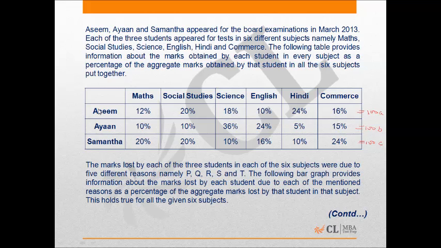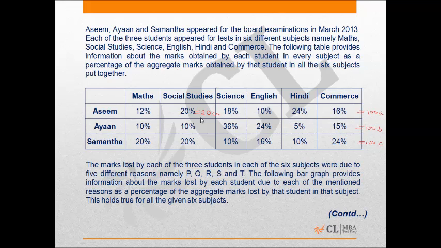If in social studies the marks scored by Asim is 20%, according to my assumption, it should be 20A. So if marks obtained by Asim is 20A, then the marks lost by Asim in social studies would be 40% of 20A, that is 8A.